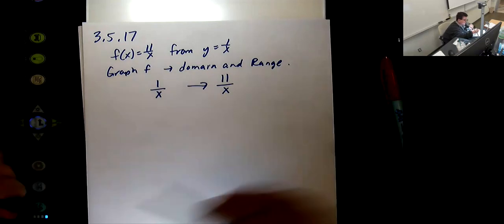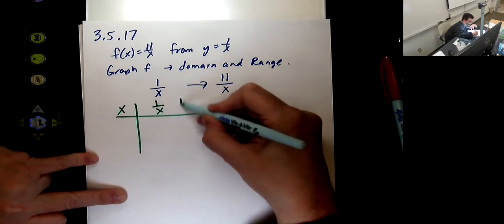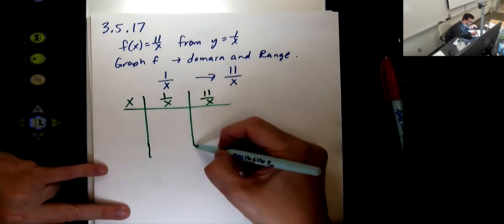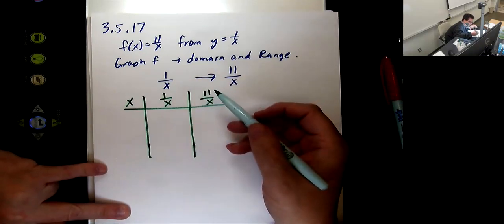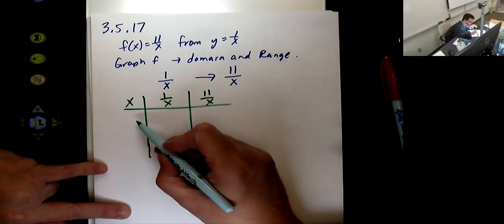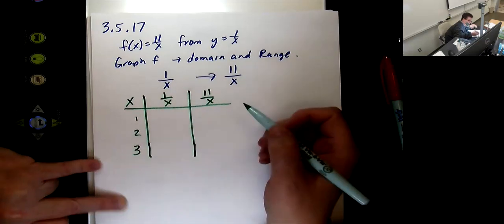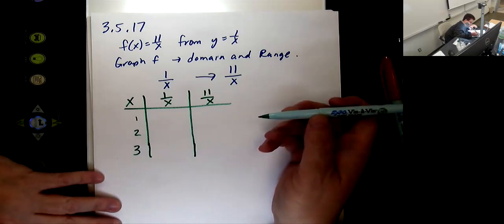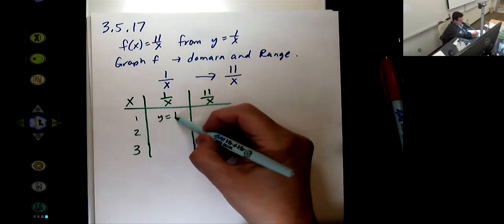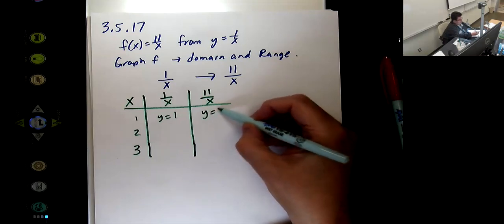Make a little table. Maybe just do the positive numbers. 1, 2, 3. If I put in 1, I've got 1 over 1, so y equals 1 here. If I put in 1 here, y equals 11.